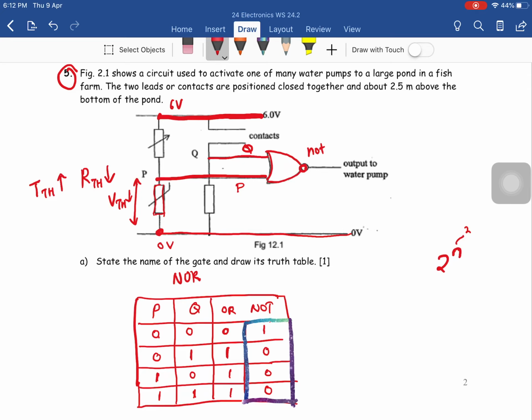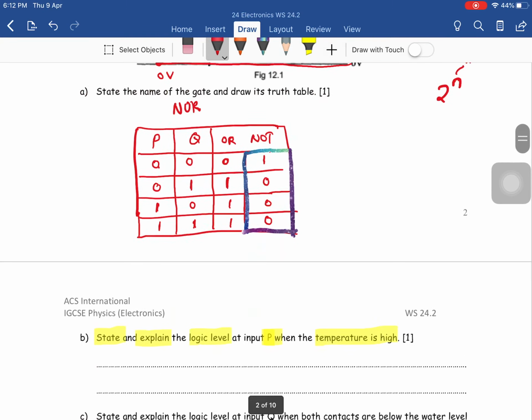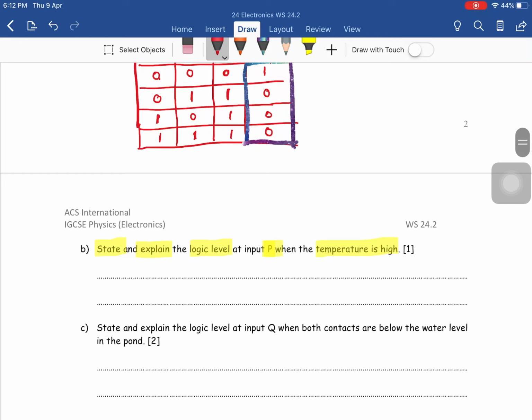So when the temperature increases, it leads to the potential difference across the thermistor dropping. This tells us that over here we'll have a low potential. Now if it's a low potential, it means my input here is going to be 0. So what's the logic level at input P? Logic level will be 0.